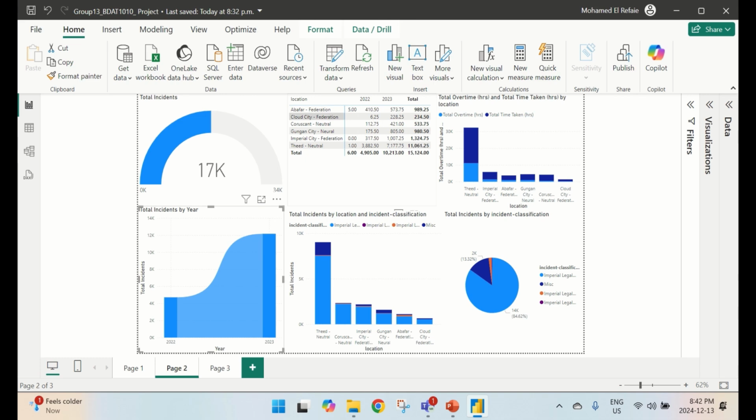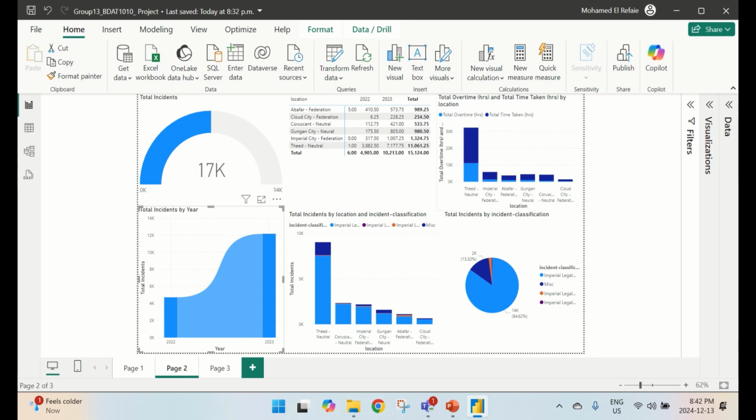So we can see that the Cloud City Federation has the lowest hours in 2022 and the highest percentage increase in 2023, from 6 hours 25 to 228, and the Croxent Neutral has the highest number of hours in 2022 at 3,882, and the highest increase in number of hours to 7,177. And we can see this represented in the two-part representation here.